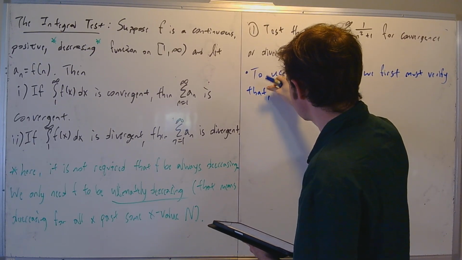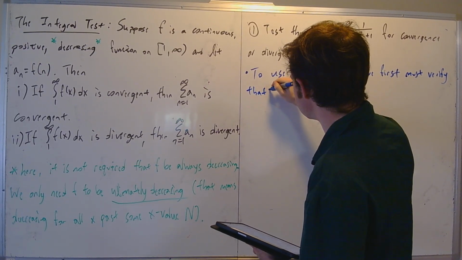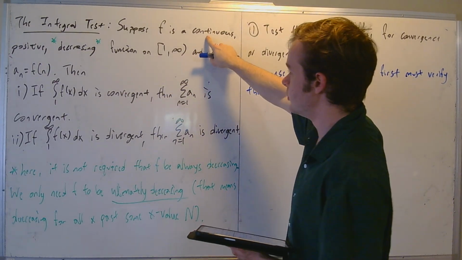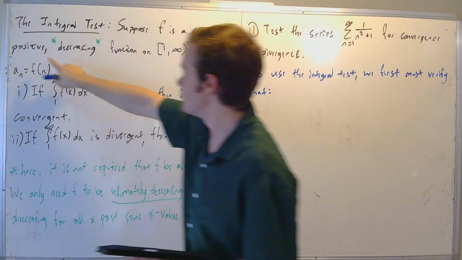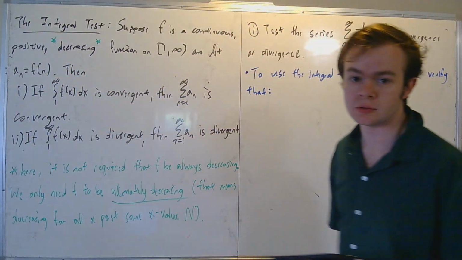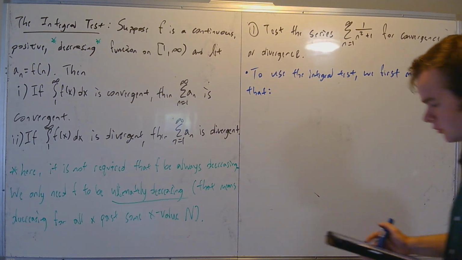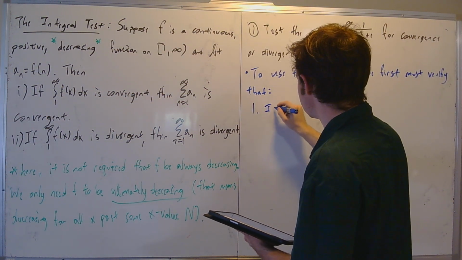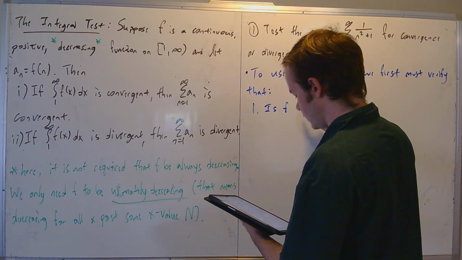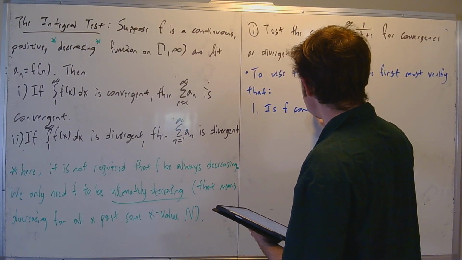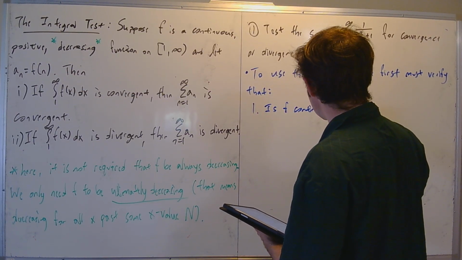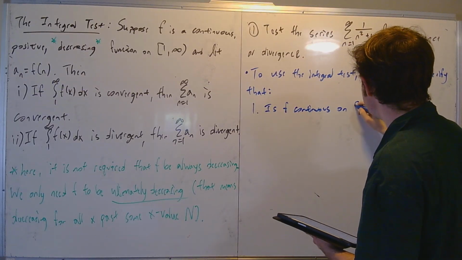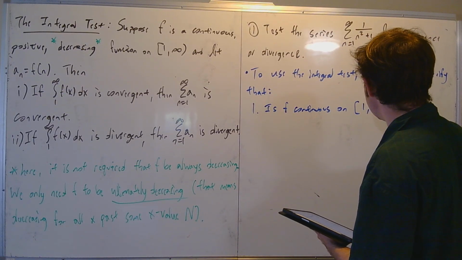So we need to look at the integral test and figure out what we need to verify. We need to make sure it's continuous, positive, and ultimately decreasing. So our first question is: is f continuous on the interval from 1 to infinity?